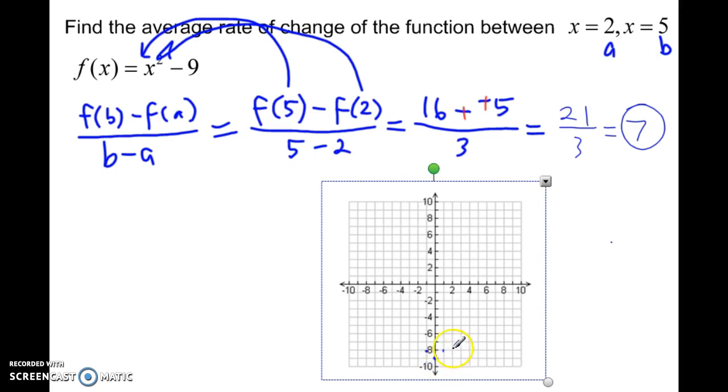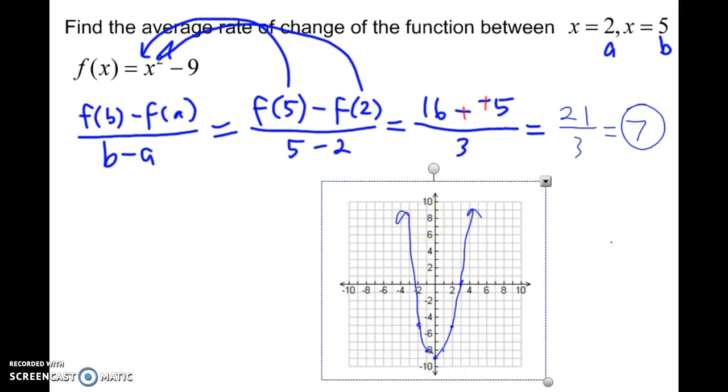Just a few points. 2, 3, that's 9 right there. The graph looks something like this, roughly. Real rough graph. I know that's not very good.